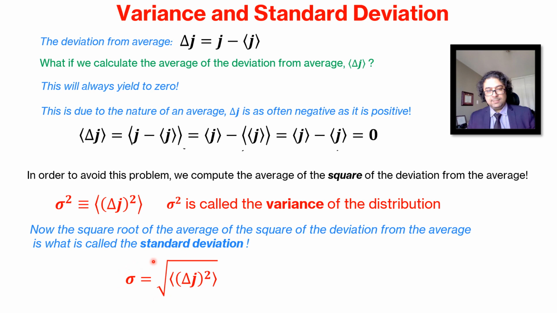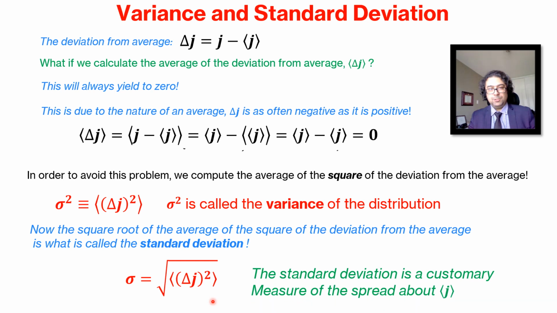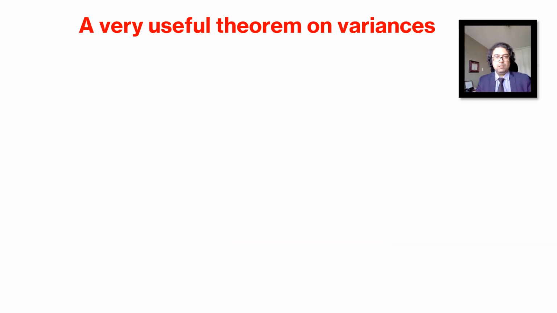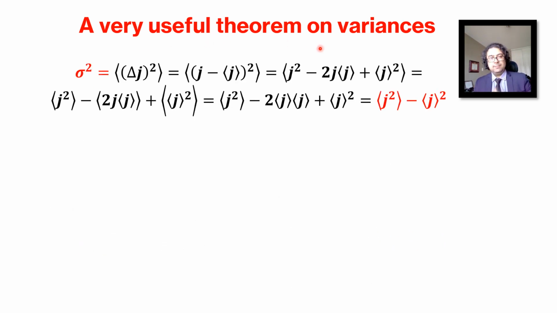So this is the key quantity that we will use in order to analyze and talk about the spread in a probability distribution. All right. In other words, the standard deviation is a customary measure of the spread about the average value of the discrete variable j. All right.